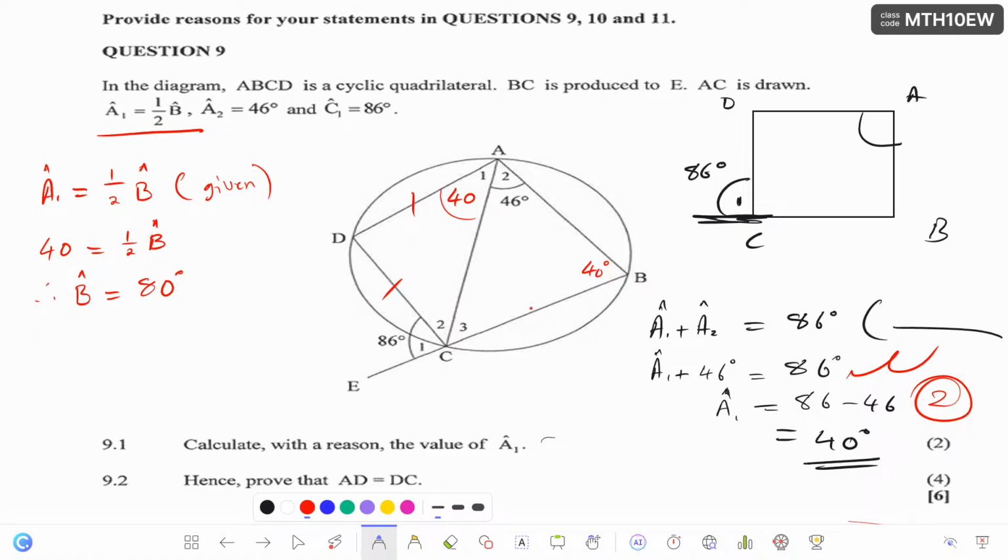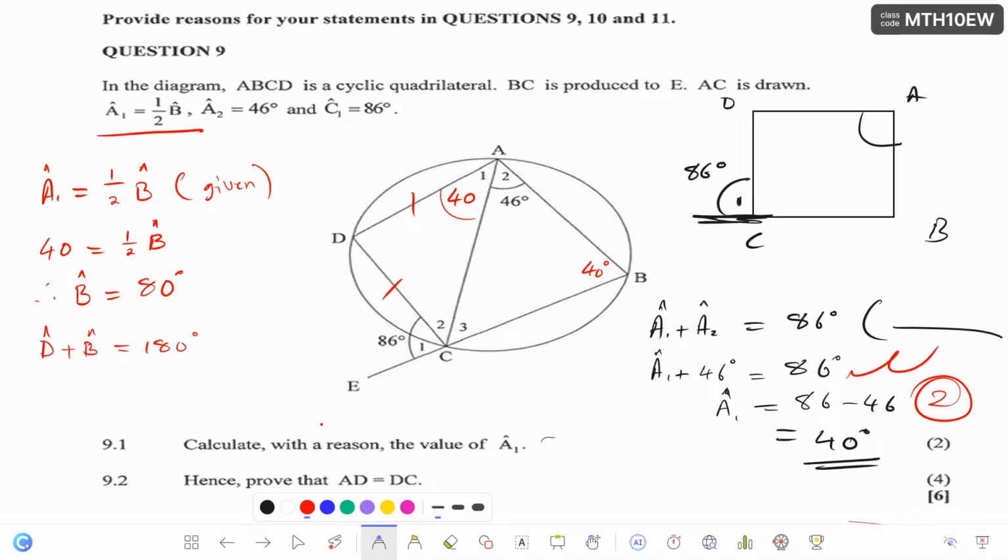I'm just trying to find the pattern in order to find the value of this one. So another thing that we need to know is that angle D plus angle B is equals to 180 degrees. Reason is the opposite angles of a cyclic quad.